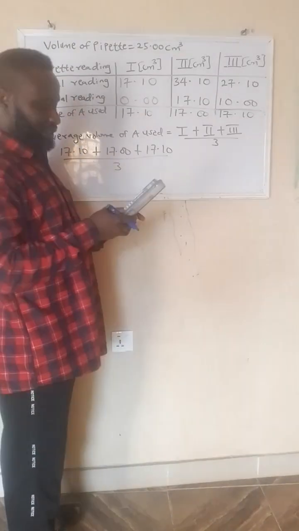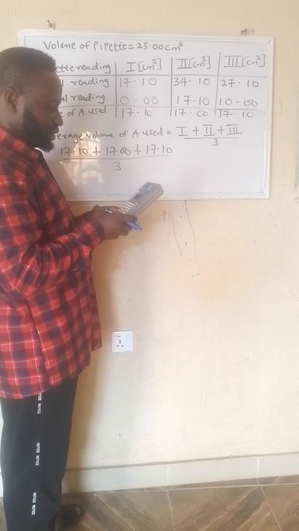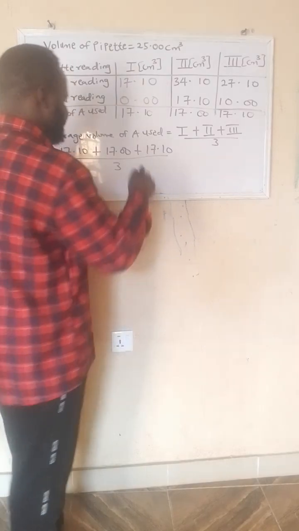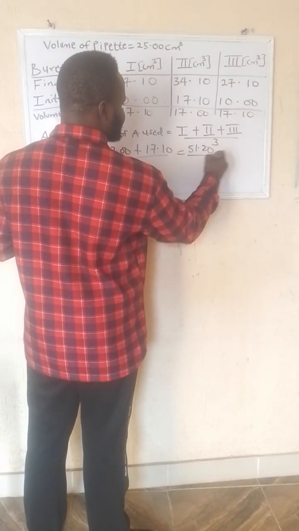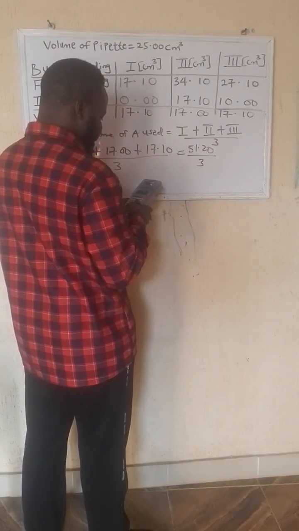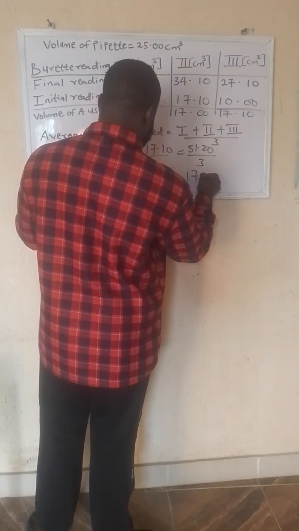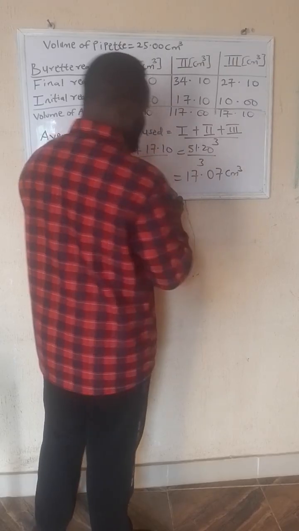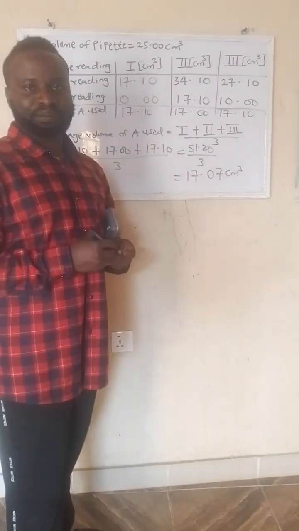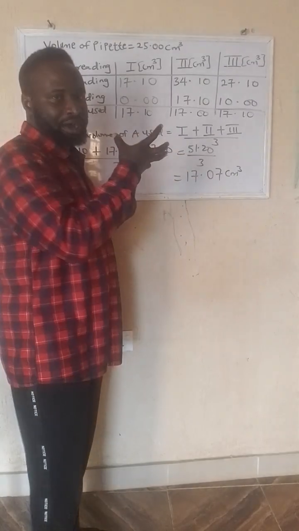So by the time I add it together, 17.10 plus 17.00 plus 17.10, you give me 51.20 divide by 3. So by the time I divide this by 3, I'm going to have 17.07 centimeter cube.